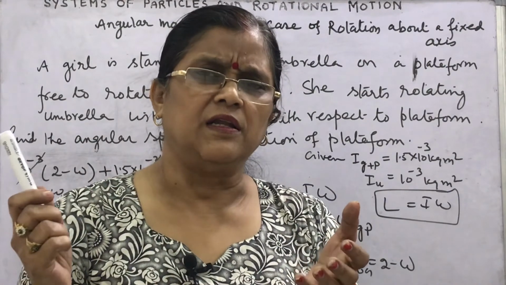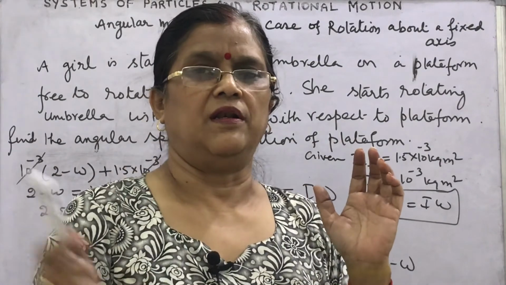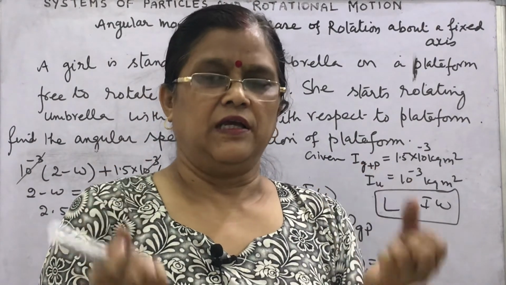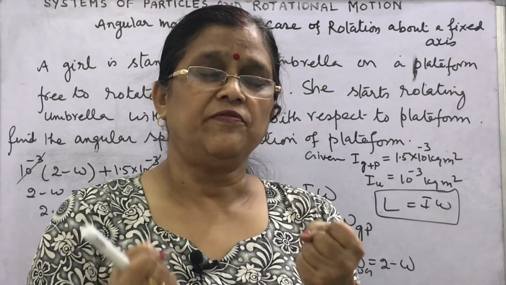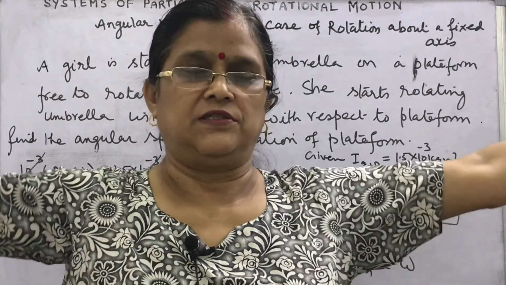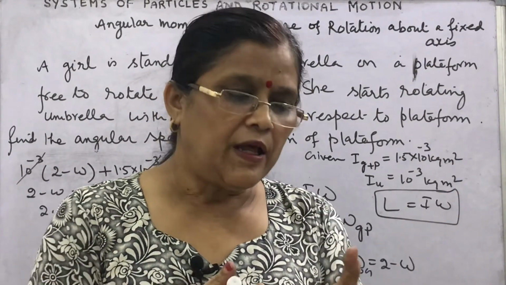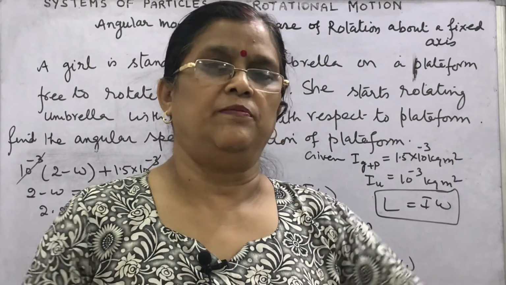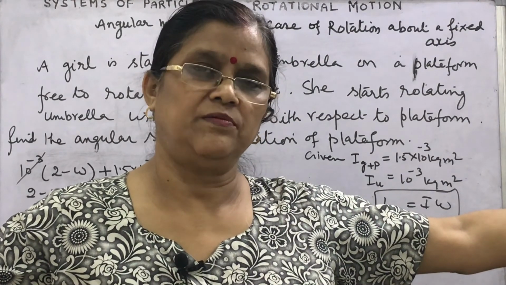There are numerical examples. A boy is standing at the center of a rotating table. He is having some weights in his hands. If he stretches his hands, what will happen? These masses will go to a greater distance from the axis of rotation.